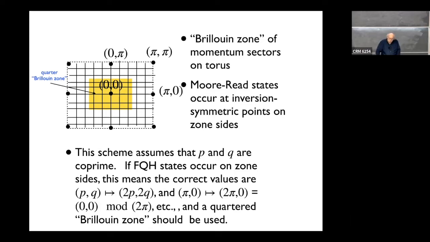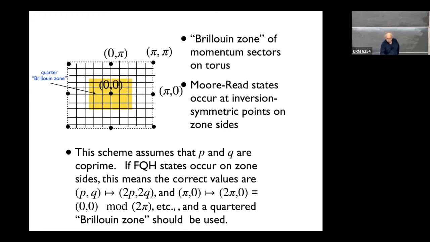When you do the many-body thing, you end up with a scheme of quantum numbers, and inversion symmetric states can only occur at certain values. You've got a kind of Brillouin zone which emerges from this irreducible tiny periodicity on the torus. So there are only 4 possible inversion symmetric values of this many-body quantum number, and an inversion symmetric state has to lie at one of those 4 values.